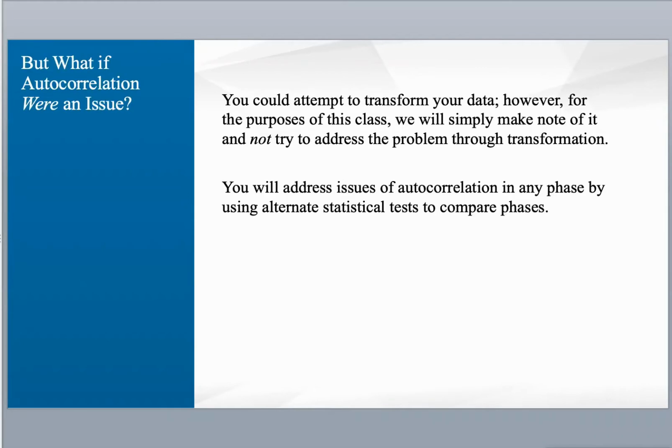Just to talk about that again, there's something called a CDC, which would allow you to compare phases if you have autocorrelation, and we'll talk about that when we get into analyzing intervention data. For now, it's just important that you note if you have an autocorrelation that is problematic. Again, 0.57 is autocorrelation. There is some autocorrelation, and it can impact type 1 error or type 2 error.